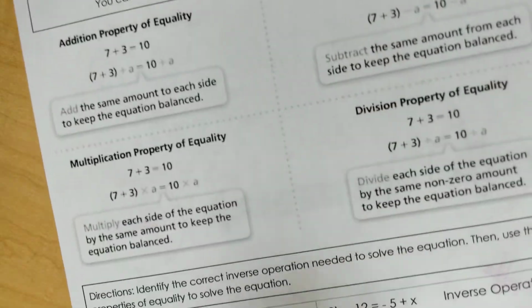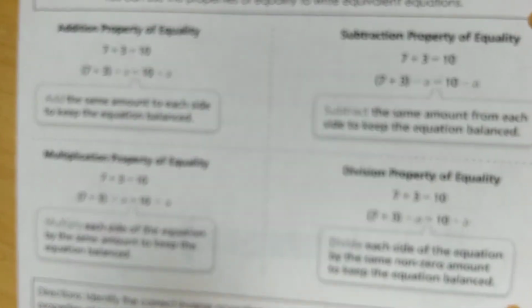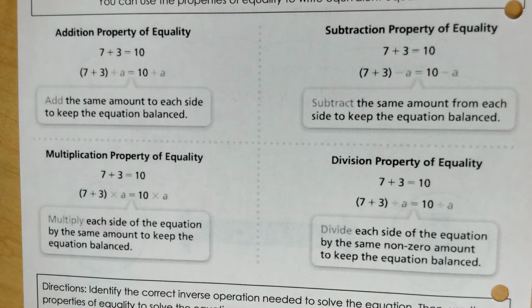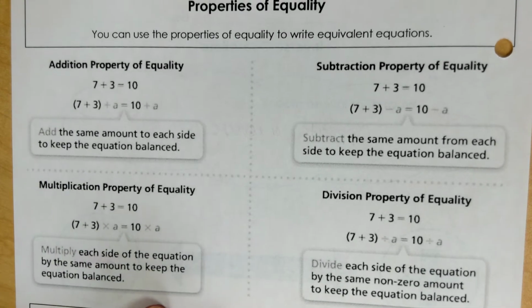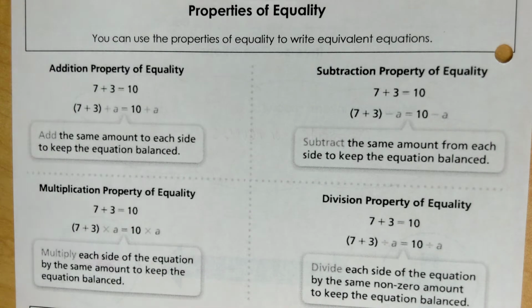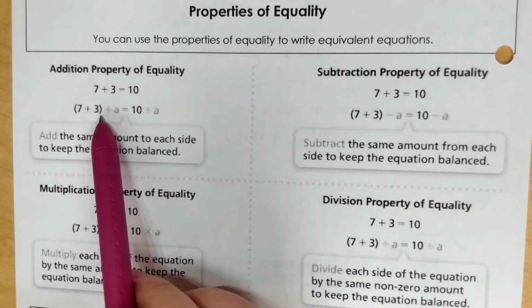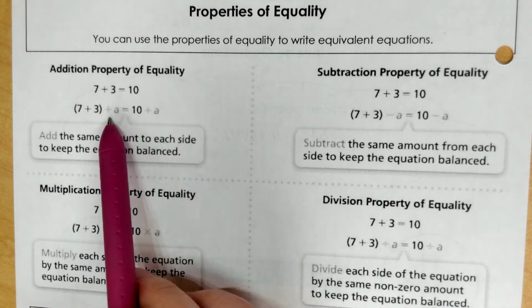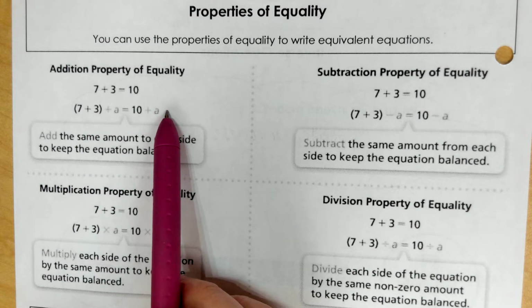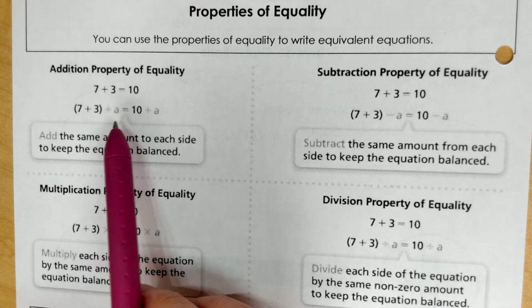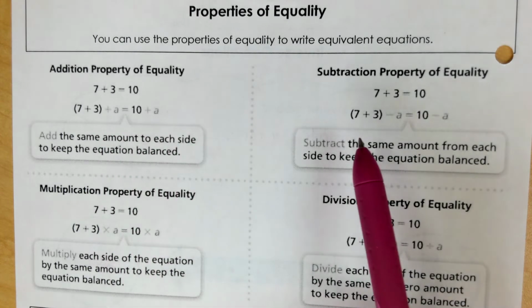If you look at the back, and we'll talk more about properties of equality in a different example video, these are the 4 properties of equality. You have the addition property, where if you add the same amount to each side of the equation to keep it balanced. So if I add something to the left side, I also have to add to the right side. Same thing with subtraction.